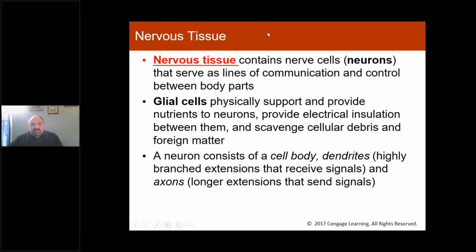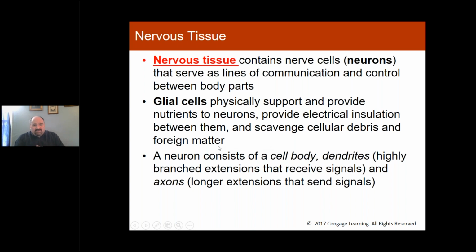And finally, nervous tissue. It contains nerve cells, also known as neurons. Glial cells are the support cells of the neurons, and there are more glial cells than there are nerve cells. These glial cells provide support and nutrients, electrical insulation, and scavenge cellular debris and foreign material.